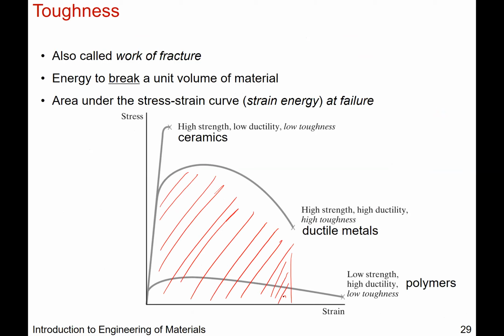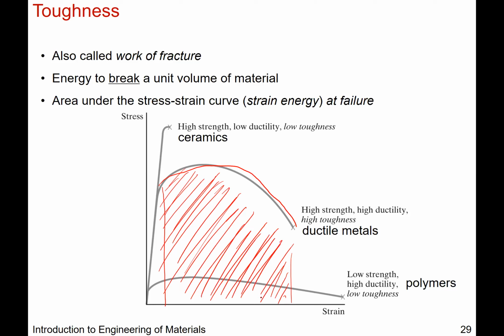So what you can do is numerical integration, where you treat the elastic part as that triangle, which is pretty easy, and then fit, let's say, a polynomial to the rest of this curve. It could be something to the 4th, something to the 6th. You fit a polynomial and you can just integrate that curve.